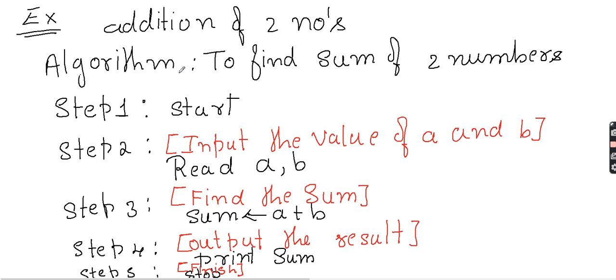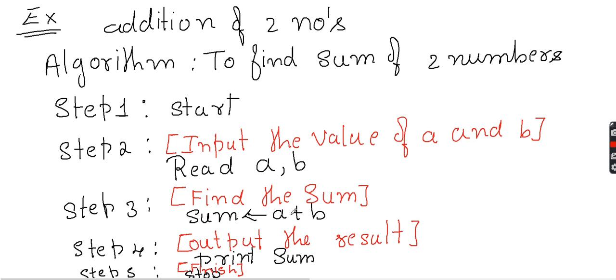First I've taken start, followed by the name of the algorithm: to find sum of two numbers. Then I've started with step numbers. Step 1, I'm starting the solution. Step 2, read a, b. I'm writing the explanatory statement following the step number: input the value of a and b.